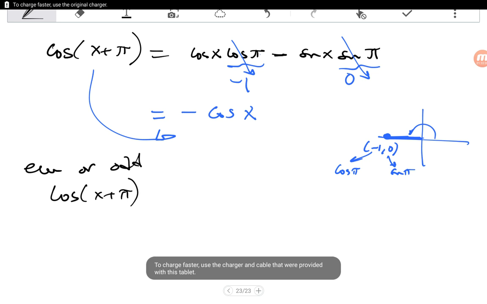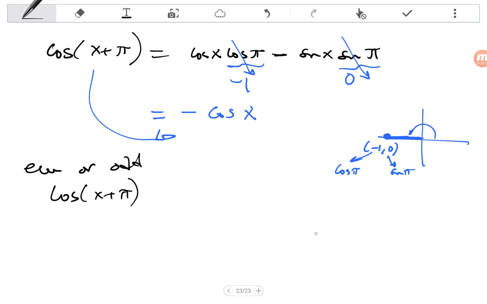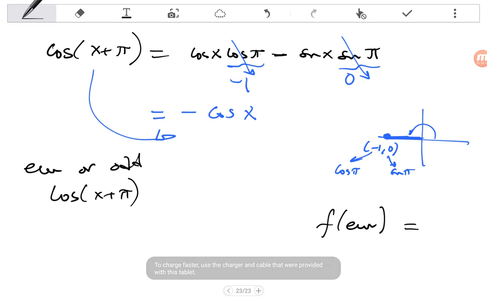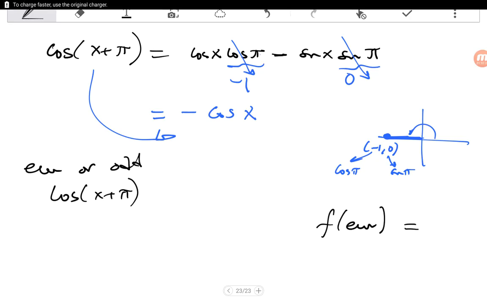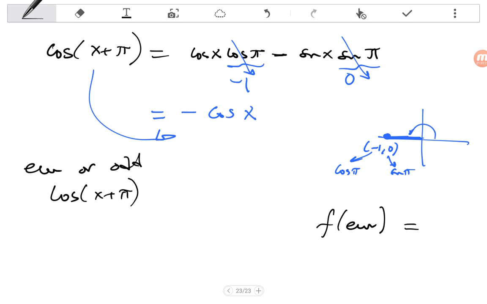If you remember, we have just learned that if I have f of an even function, what will it be? If the inside function is even, it will be even, whatever was f.